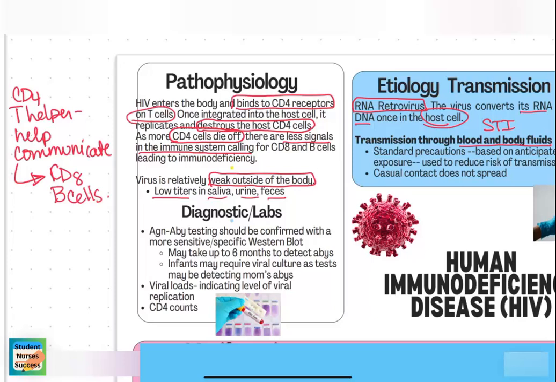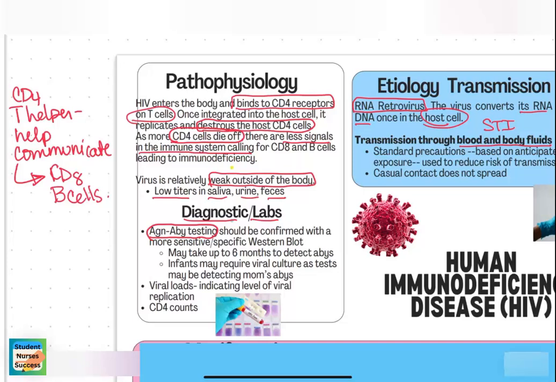Let's talk a little bit about diagnostic and lab tests that are important for someone who is HIV positive. If you suspect that you're HIV positive or someone is HIV positive, one of the first tests they do is antigen antibody testing. Antigen antibody testing is usually relatively cheap and you usually get a fairly quick response.